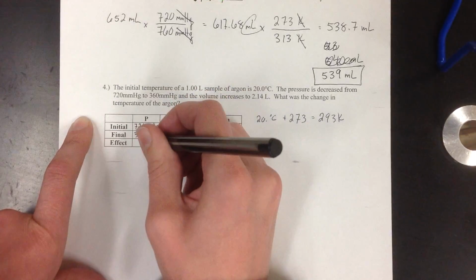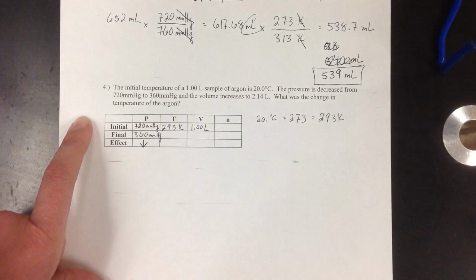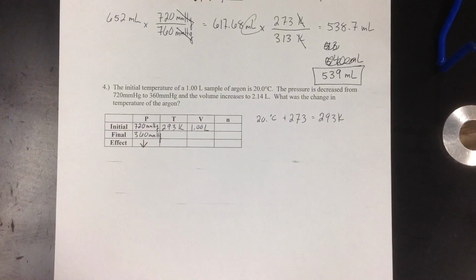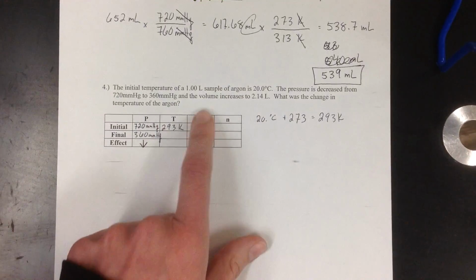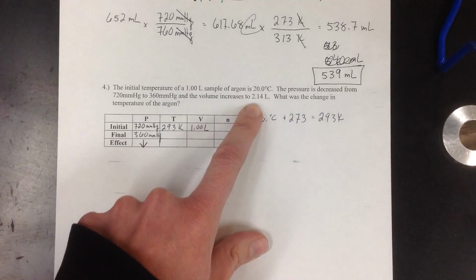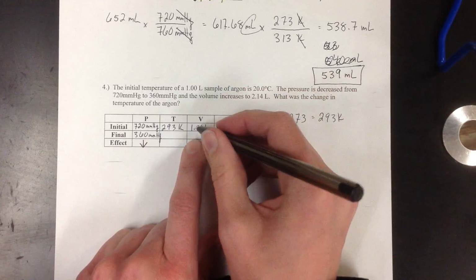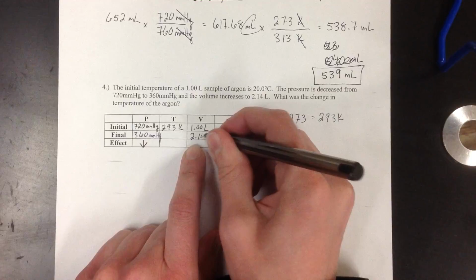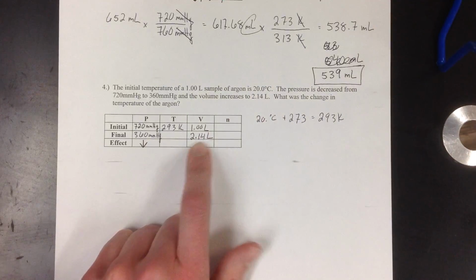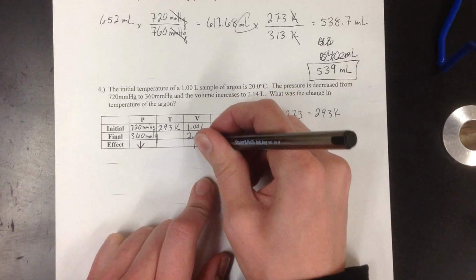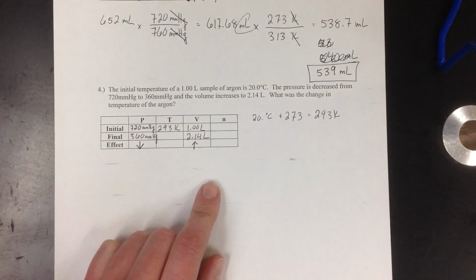They already told you that this was decreasing. That's cool. Now we don't have to think about that. Says my volume increases to 214, so it's going from 1 liter to 2.14. And that was an increase in my volume, so there's my little up arrow.